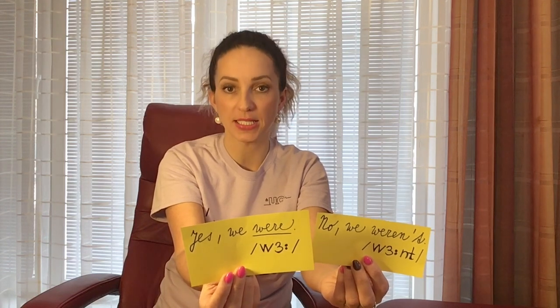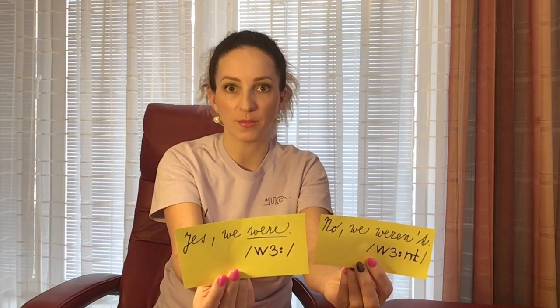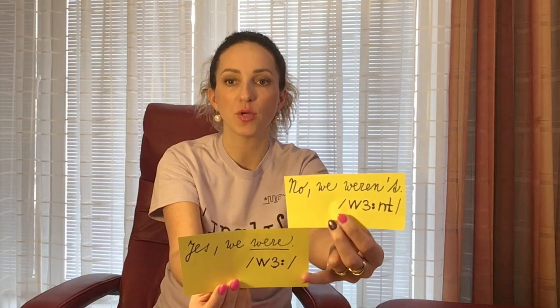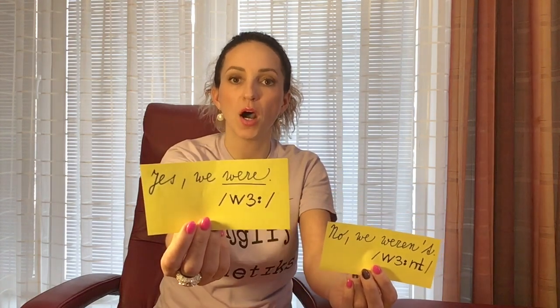Yes, we were. No, we weren't. If you have a short answer and you use an auxiliary verb in it, you have to use the strong form here. So as you can see, here I am using the long schwa. Yes, we were. No, we weren't.